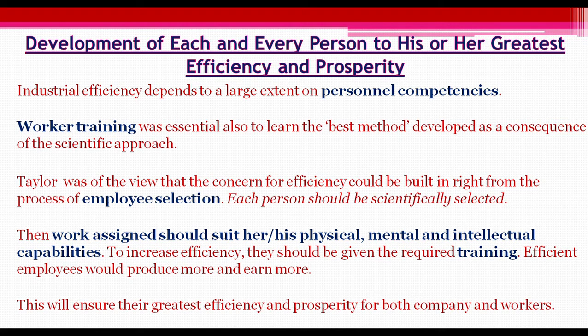When they are appointed as per their capabilities, qualifications, and potential, they will become efficient employees and would produce more and earn more. This will ensure their greatest efficiency and prosperity for both company and workers.